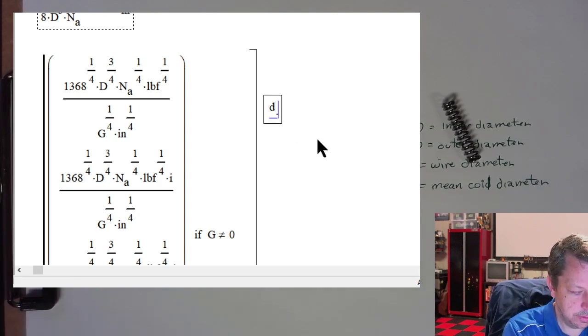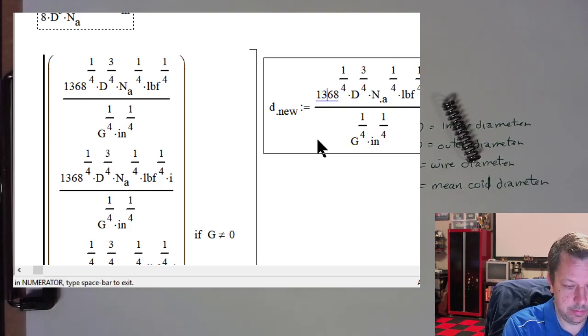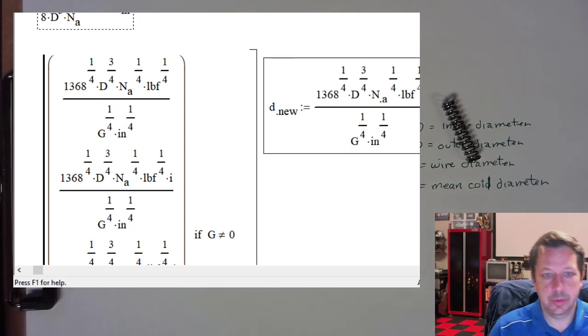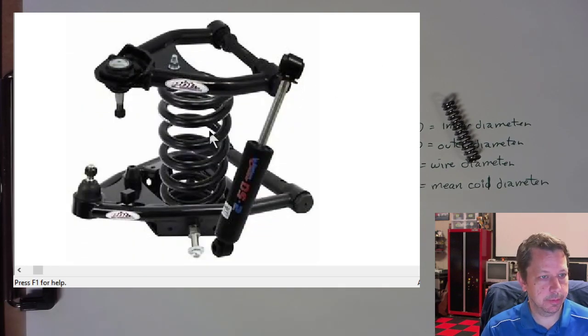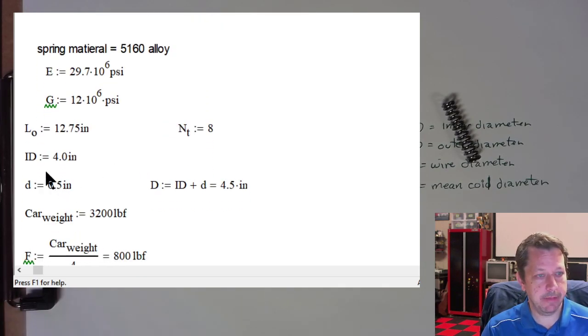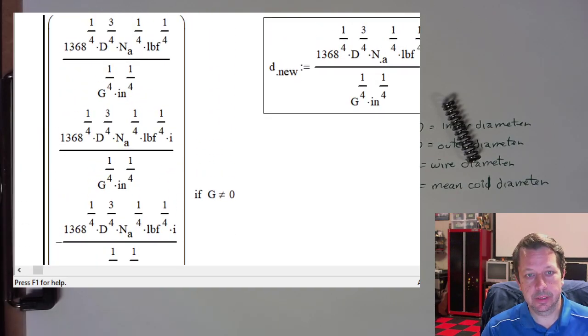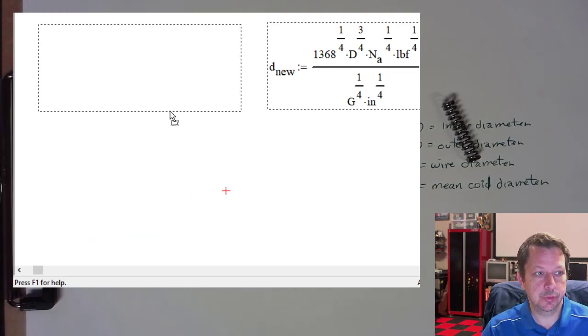So the new wire diameter, we need to equal this thing. Don't want it in feet. So we'd have to bump up. We started out with a 1/2 inch, I believe. Let's double check. Yeah, a 1/2 inch wire diameter. We would have to go up to 0.54 inch wire diameter if we increase the coil diameter. And if we did that, now we would have the same spring rate as before.